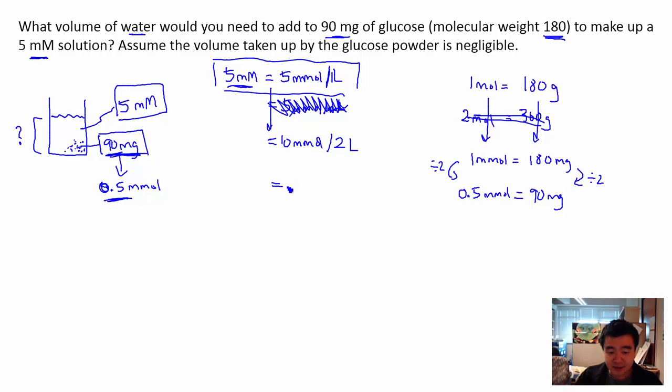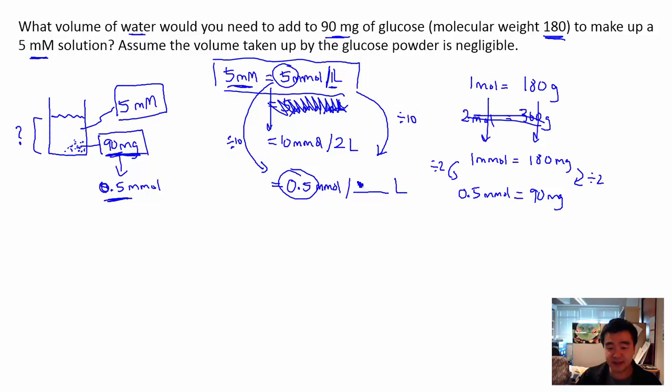Okay, so 0.5 millimoles of my glucose in how many liters? Well, to get from 5 down to 0.5, we have to divide by 10. Therefore, to get from 1 down to whatever this is, we also divide by 10. 1 on 10 is 0.1 liters, and this tells us that this final volume here is actually 0.1 liters.